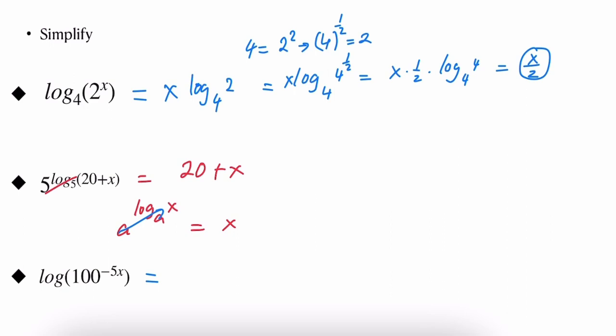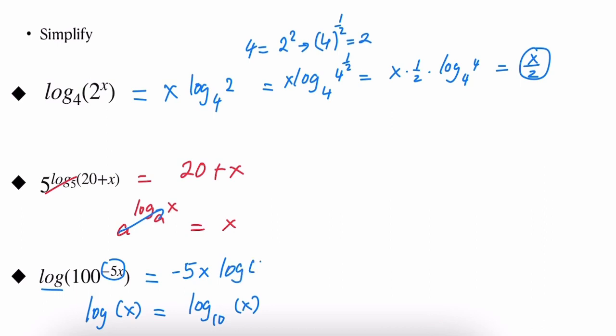In the last example, we see a log without a base, and to remind you, log without a base means log base 10. Again, we can use the power rule in order to move the whole power negative 5x to the front, and multiply by log of 100. And we know that 100 equals 10 squared.